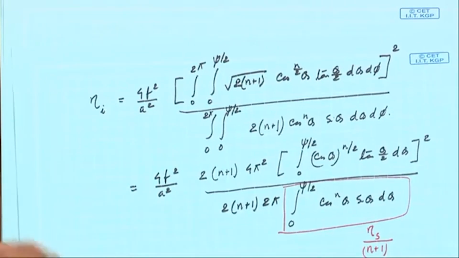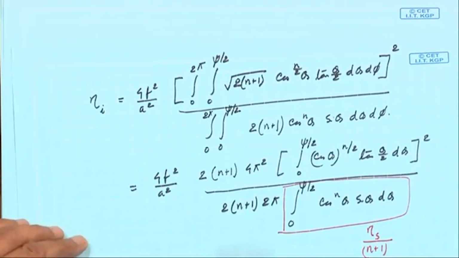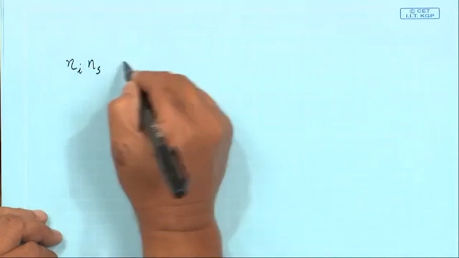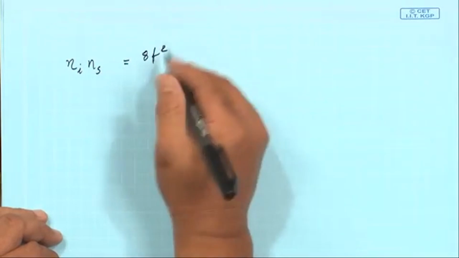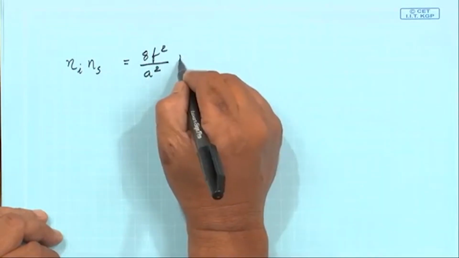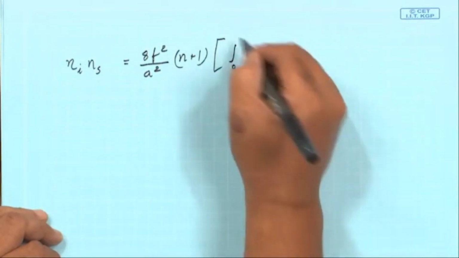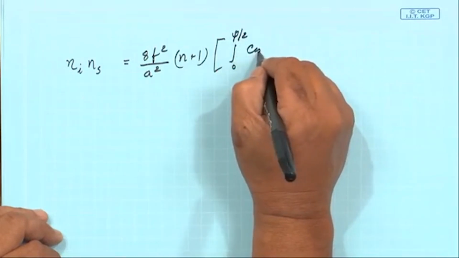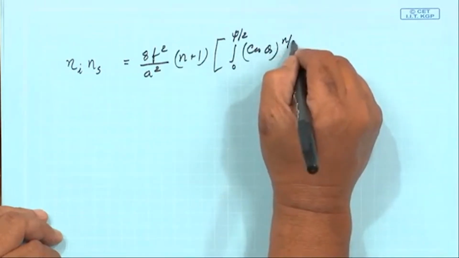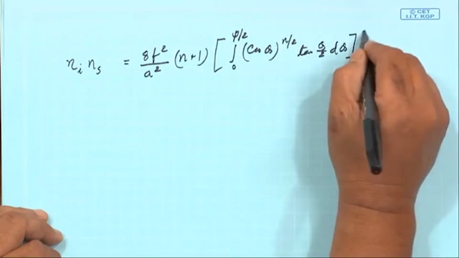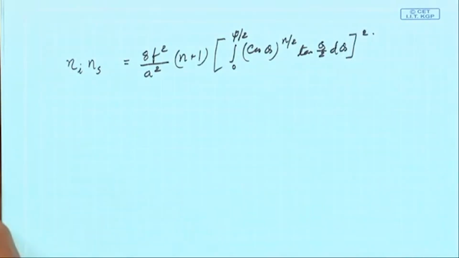So, I can write eta I eta s as 8 f square by s square, n plus 1, times the integral 0 to psi by 2 of cos theta n by 2 tan theta by 2 d theta, whole square. So, this needs to be maximized.